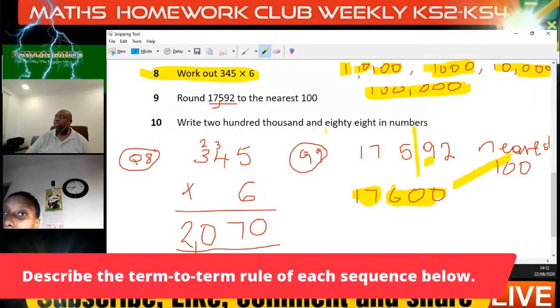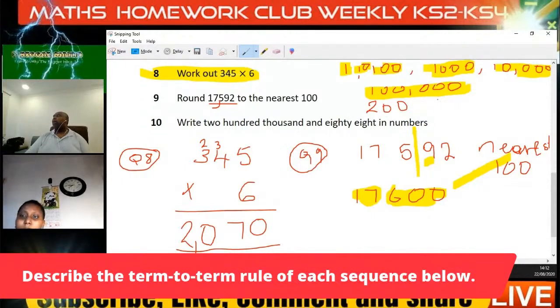Now, we need to write 200,000 and 88. So look. This is 100,000 here, so it's going to be 2. There's no 10,000, so you put a 0 for that, and it says 88.